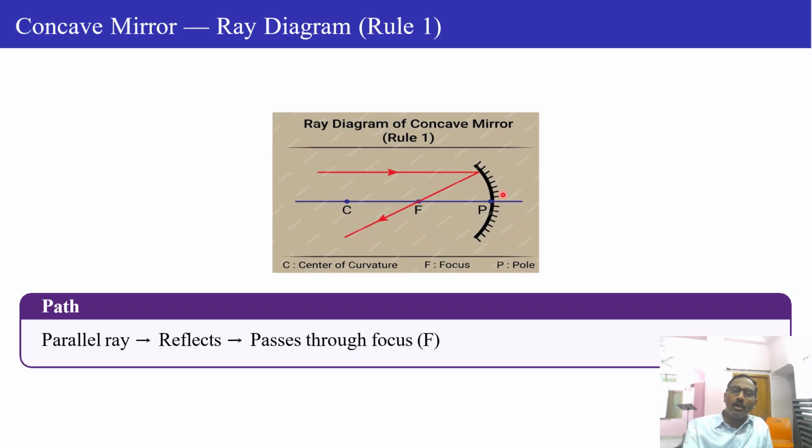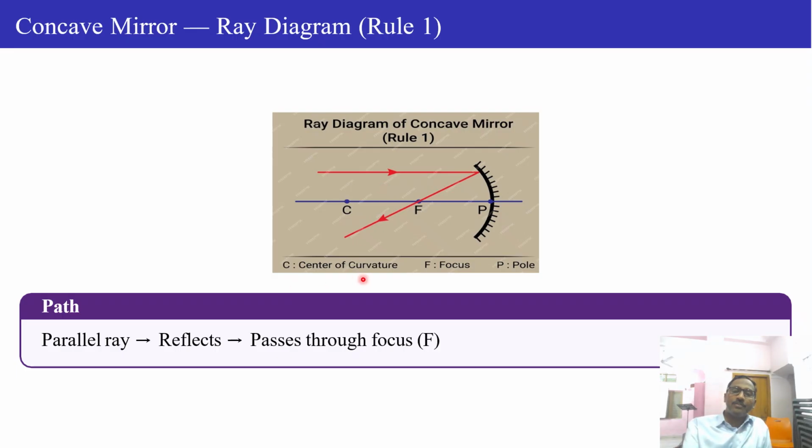This is the pole. This is the center of curvature. Exactly in the middle between P and C, the midpoint is the focus. After reflection, the ray which is parallel to the principal axis passes through the focus. This is rule 1.